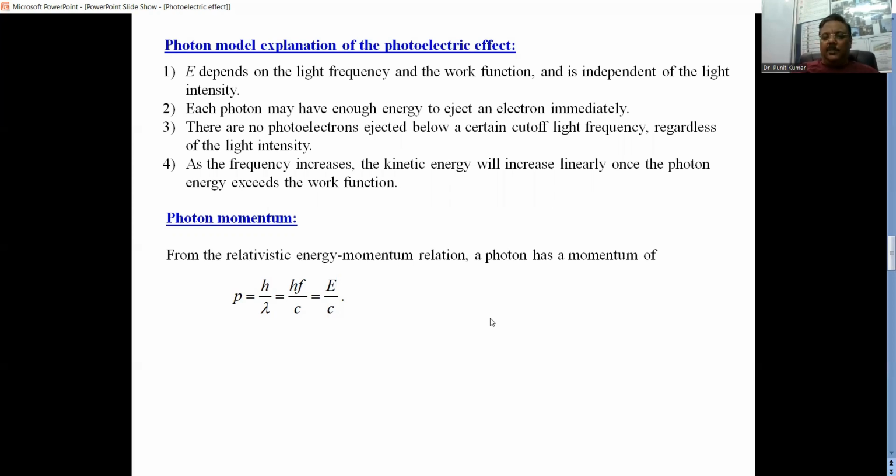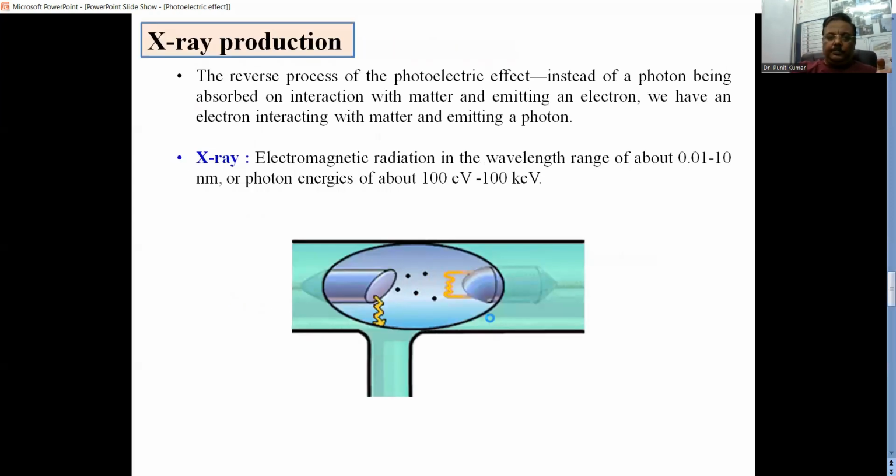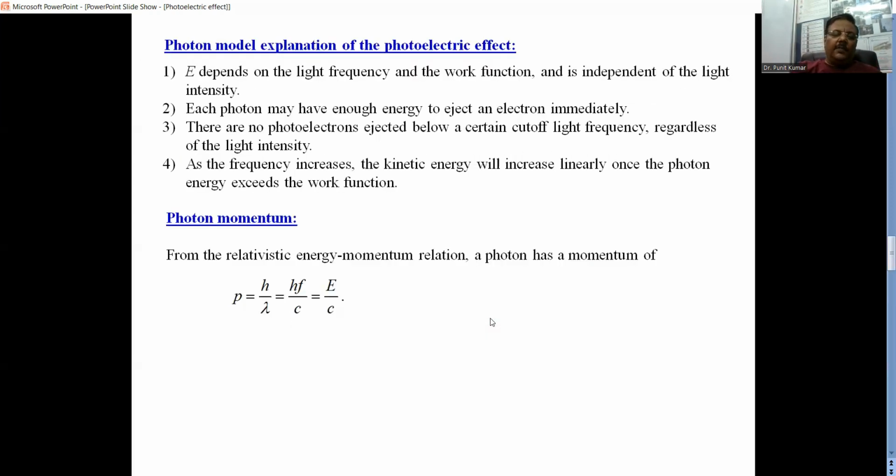And this cutoff frequency corresponds to the work function. As the frequency of the incident light increases, the kinetic energy will increase linearly once the photon energy exceeds the work function. And this photon will carry a momentum, which is given by h/λ.